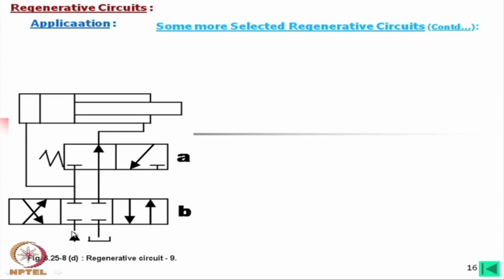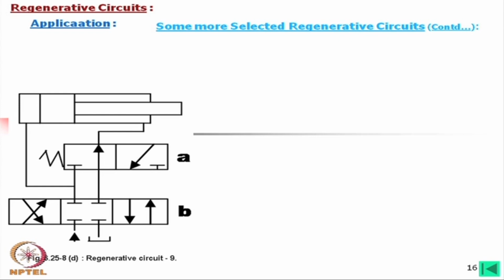So, this cannot go back to the tank, oil is going there and oil is going here. So, what will happen in that case, tell me, both sides are connected. So, oil can go both sides. But there is no connection in between. So, there is no chance of regenerative circuits.